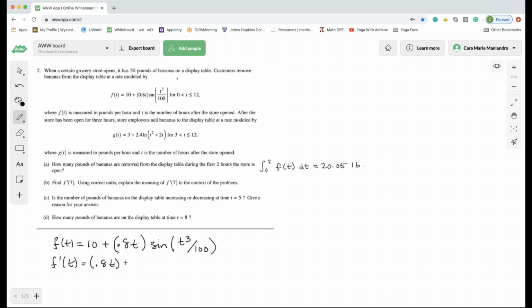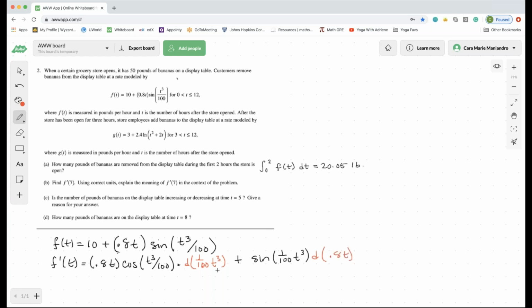Derivative of sine is cosine, so we have cosine of the argument, and then I've got to take the derivative of the inside. For right now, I'm just going to leave it as derivative of 1/100th t cubed. I'll come back to that. Plus, so this is the first part by the product rule. And now we have to do the second part: plus sine of 1/100 t cubed, and then derivative of the first.